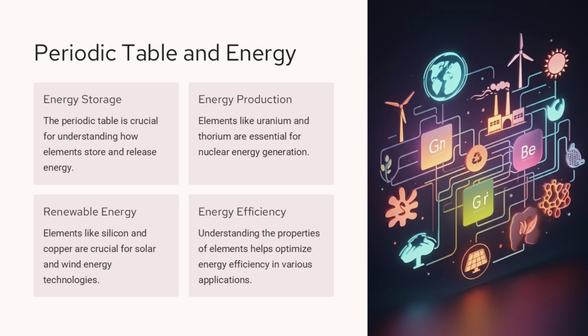Renewable energy technologies like solar and wind rely on elements like silicon and copper. The periodic table reveals why these are so important. Understanding the properties of elements, as shown in the periodic table, helps us optimize energy efficiency across many applications. This slide provides an overview of how the periodic table is crucial for understanding energy in its many forms: storage, production, renewables, and efficiency.